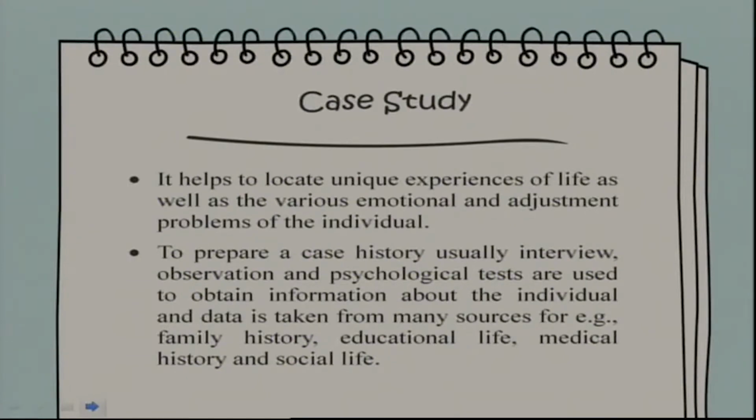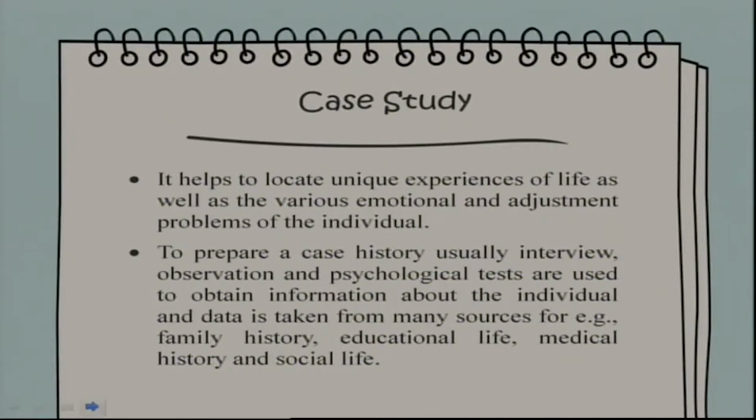Next, to prepare a case history, usually interview, observation and psychological tests are used to obtain information about the individual, and data is taken from many sources such as family history, educational life, medical history and social life. To conduct a case study, we use different methods.